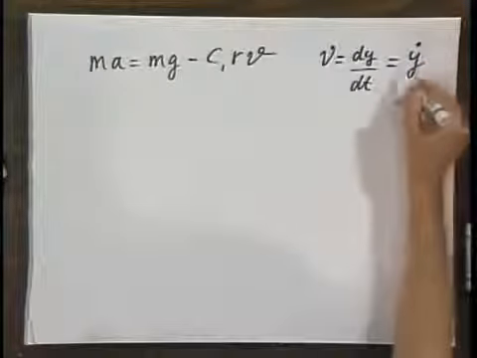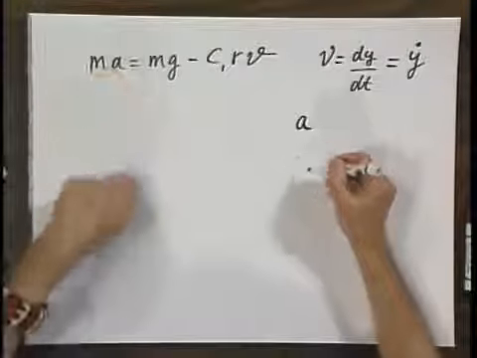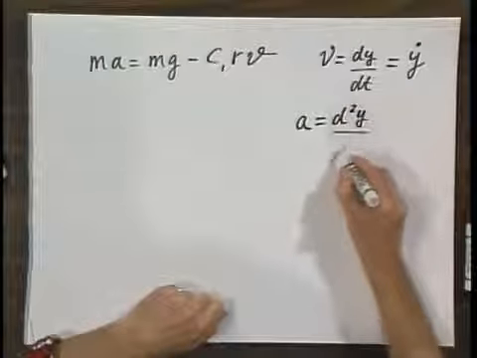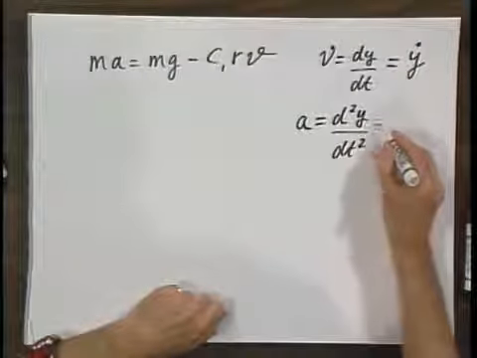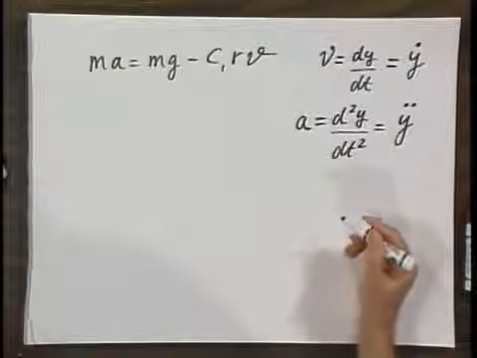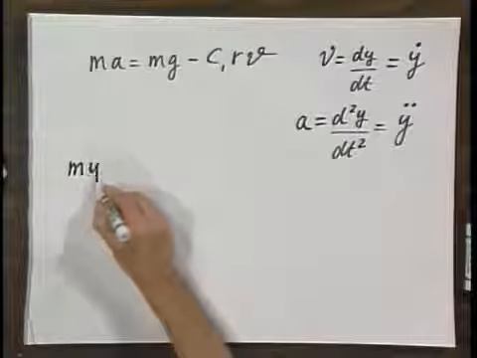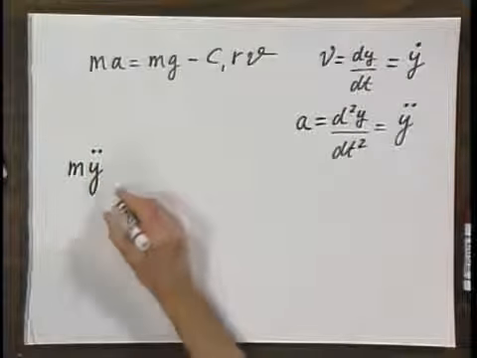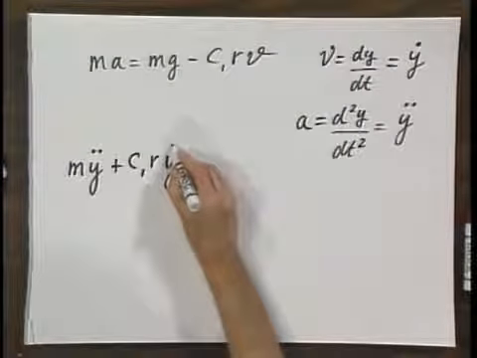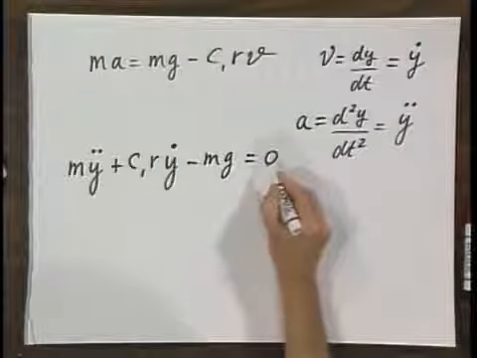And for a, which is the acceleration in the y direction, d2y/dt squared, I'm going to write the shorthand notation y double dot. So my equation then becomes m y double dot plus C1r y dot minus mg equals 0.